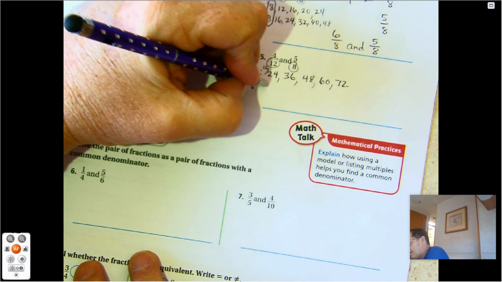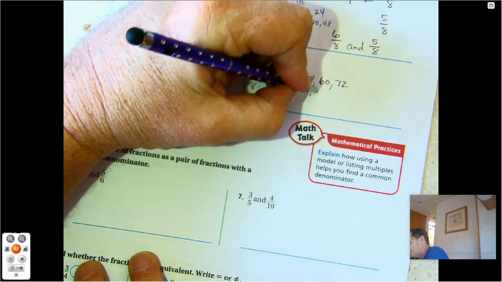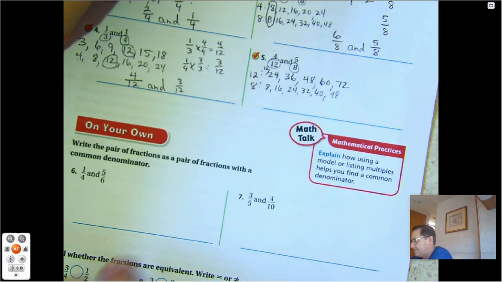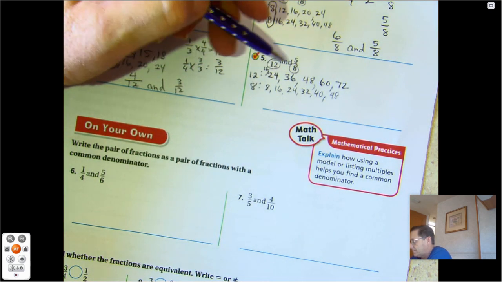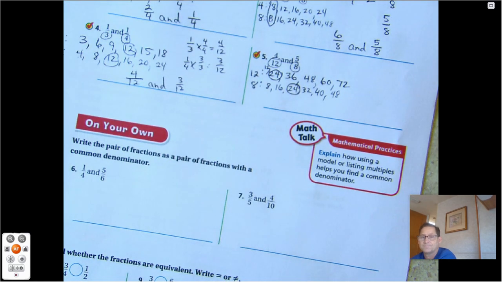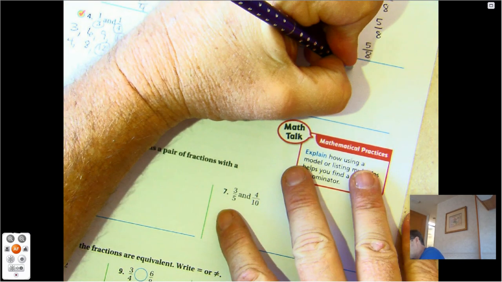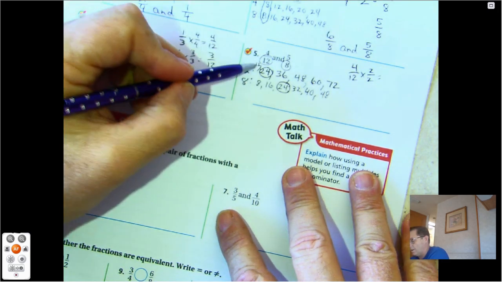Okay, 8. 8, 16, 24, 32, 40, 48. All right, what's the first multiple that is in common? 24. All right, so 4 twelfths times what is 24? 1, 2.